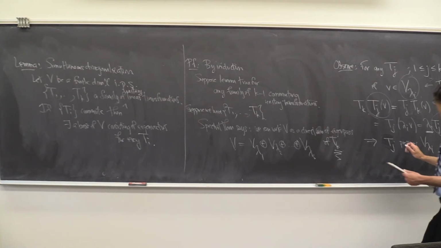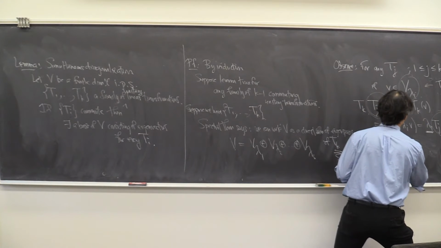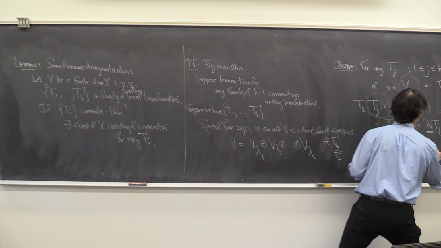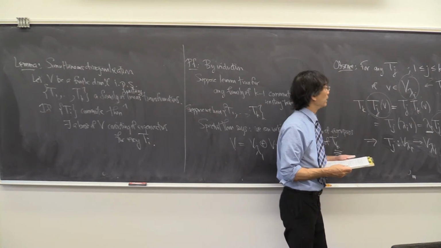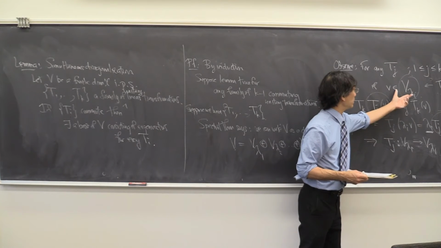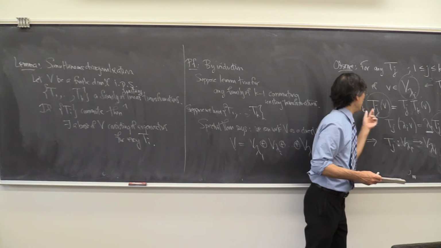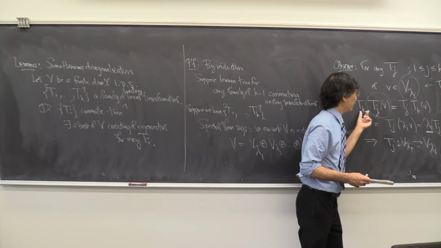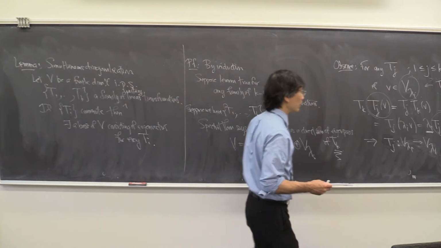All I'm saying is that Tj maps things in here to things in here. If you start off with somebody in the eigenspace, you take Tj of it, it's still an eigenvector of Tk with eigenvalue lambda i. Okay.